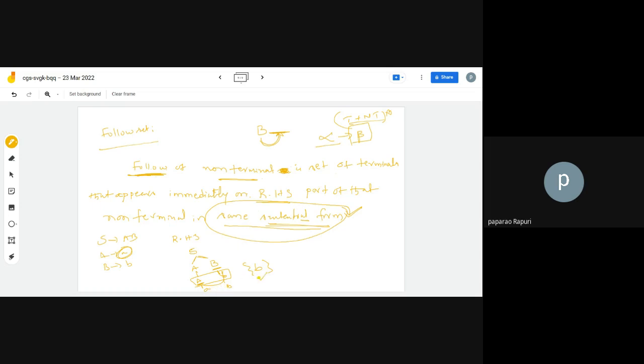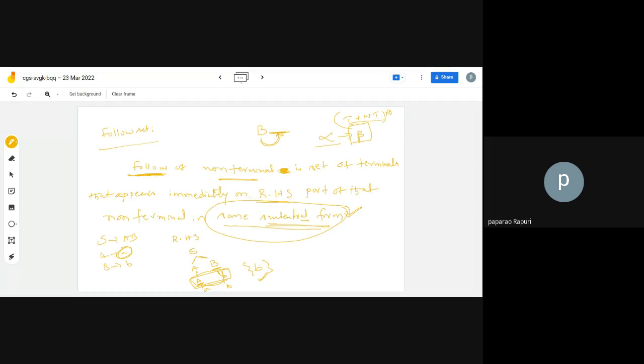So this is the follow of A. The sentential form means this one, where I replace capital B with small b. Don't worry, this is one way only.